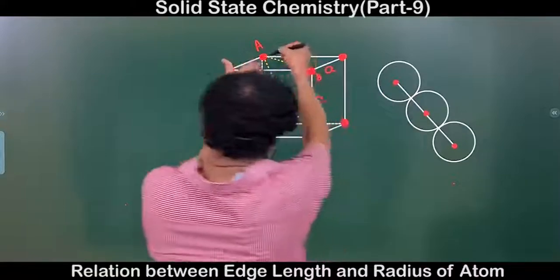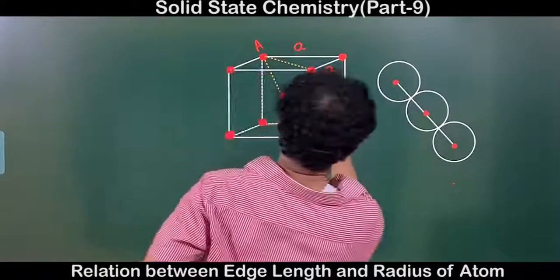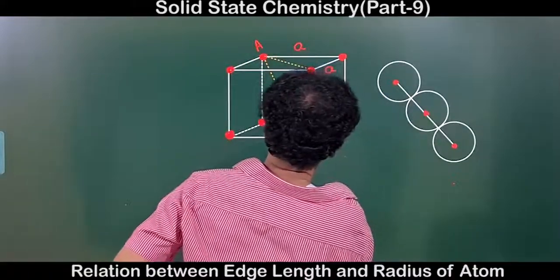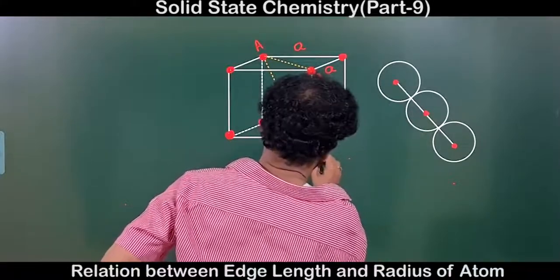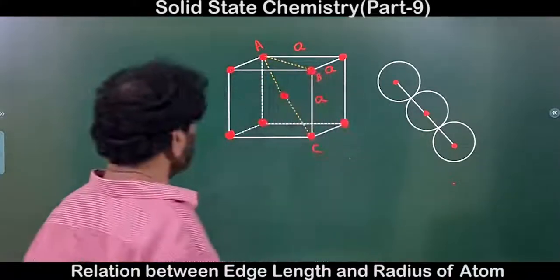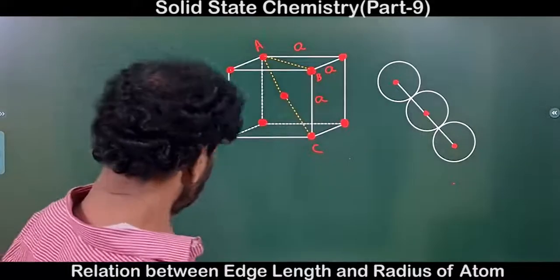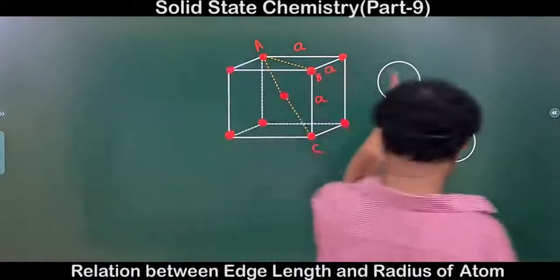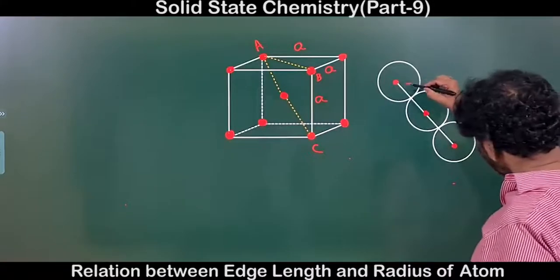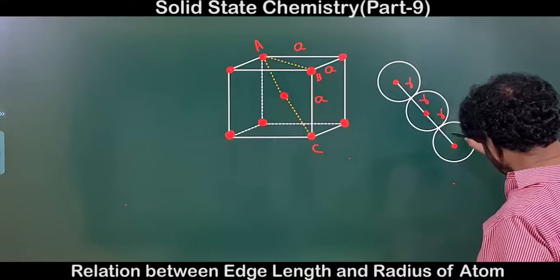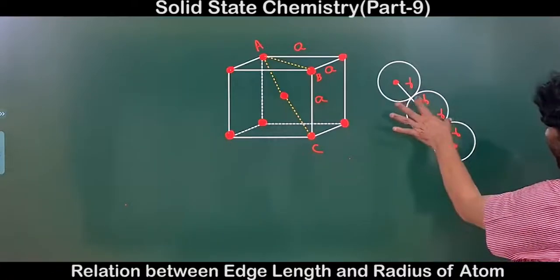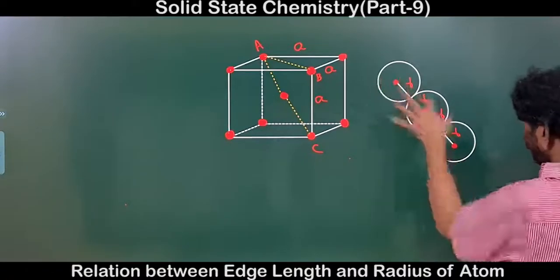Now this is the relation between A, B, C. Let me write the letters A, B, C. So now this is r, this is r, this is r, this is r. This is the diameter of the atom, the radius of the atom.